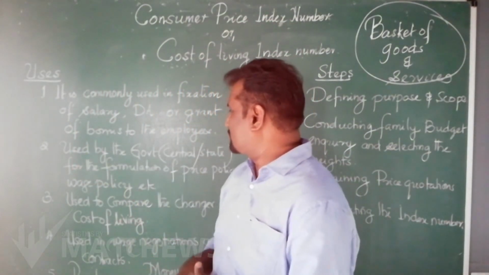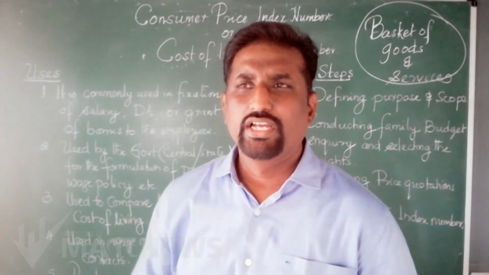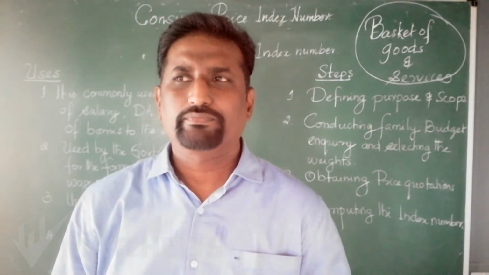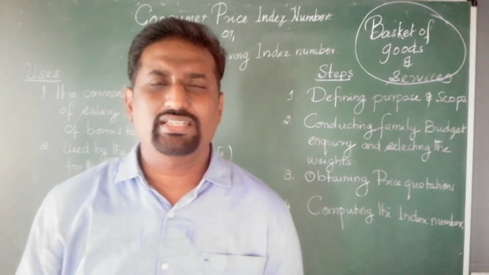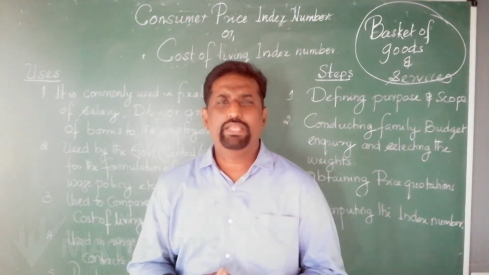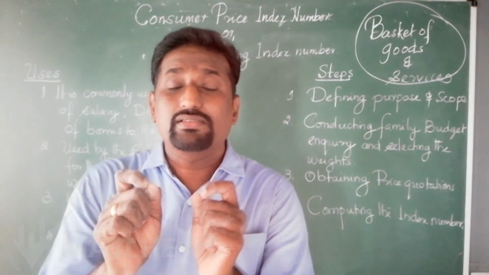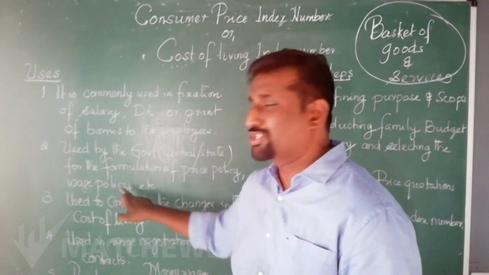Number two, it is used by the government in formulating price policies. What we need to understand here is that government are the people who form the price policy or the wage policies.